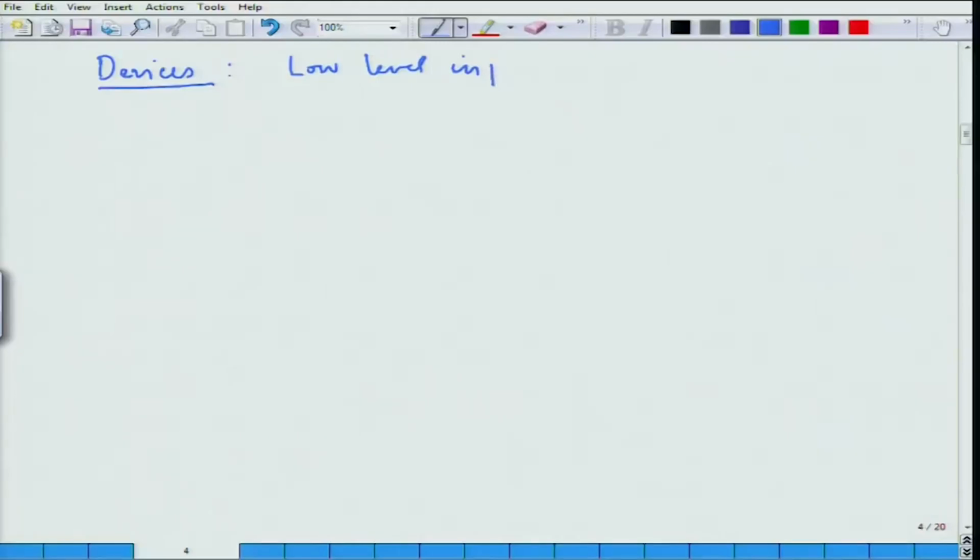What does low level injection mean? We have earlier come across this term when we were talking about generation of carriers. It basically means if I am generating electrons or if I am generating holes, their concentration is much less than the majority carrier concentration, whether it is an n type semiconductor or a p type semiconductor.